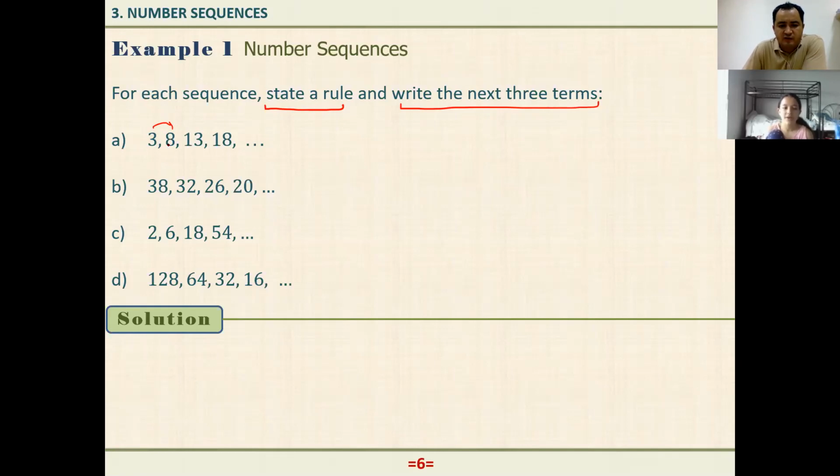So 3 plus 5, 8. 8 plus 5, 13, right? Plus 5 and plus 5. 13 plus 5, 18.